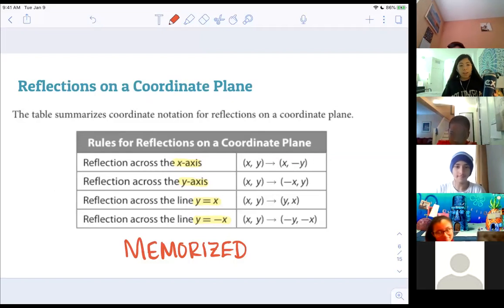The thing is, they also follow a pattern. So we will talk about the pattern in a second.